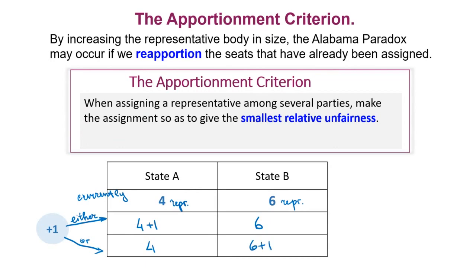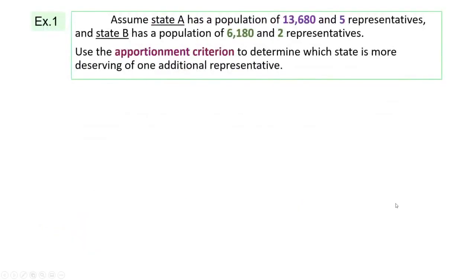We consider both situations, find the relative unfairness, and here also find the relative unfairness, and we look in which case, case A or case B, the unfairness is smaller, is less. So you see, it will take some time.